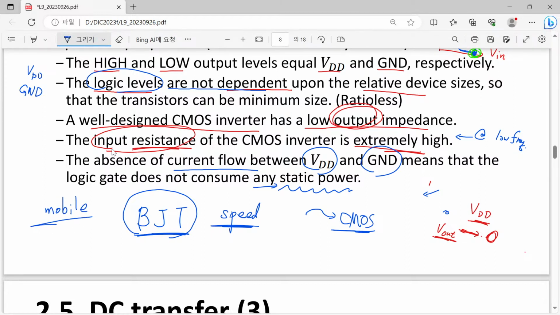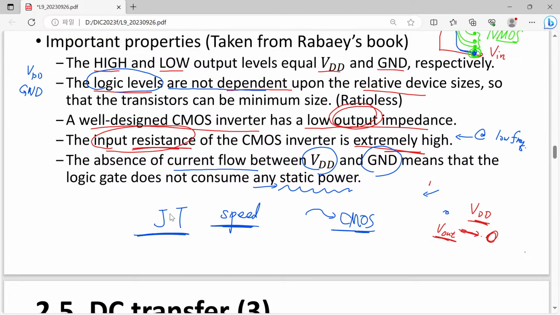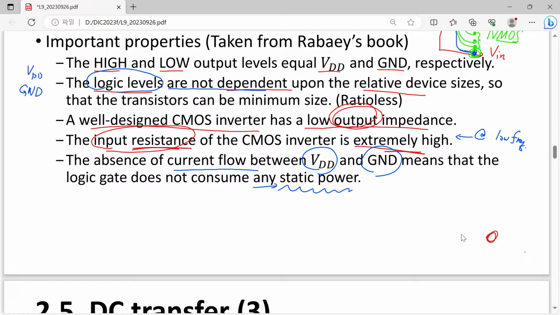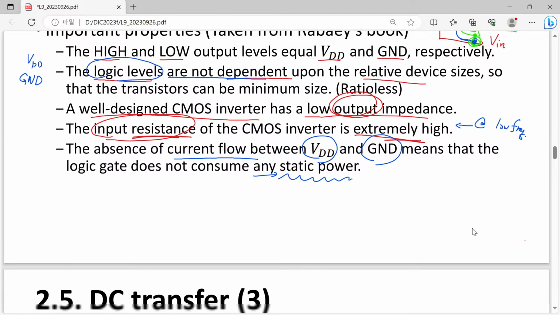We need something which can be handheld everywhere. So that's the reason why CMOS is now the major technology of our world.